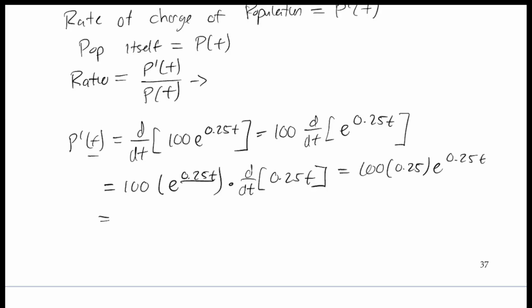0.25 is a quarter. A quarter of 100 is 25. Okay. That's our P prime of t.